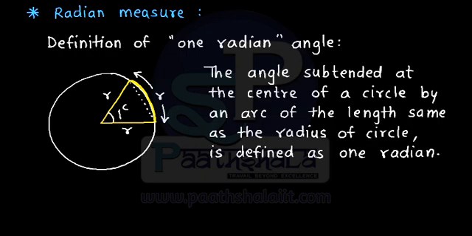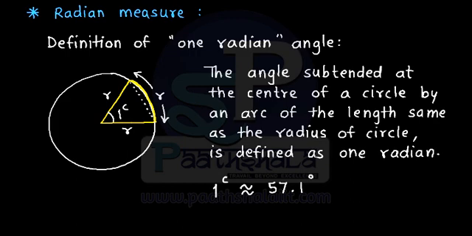But since the arc has definitely a length bigger than the side of this particular triangle, which is a chord, clearly 1 radian angle has to be less than 60 degrees, and 1 radian is approximately equal to 57.1 degrees.